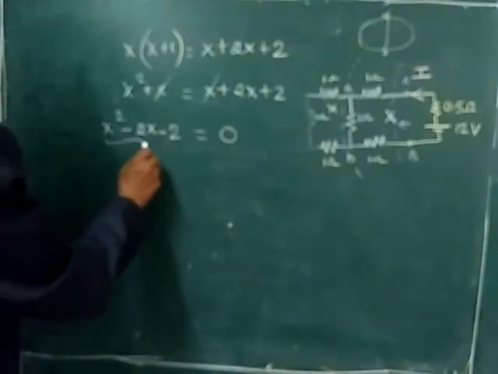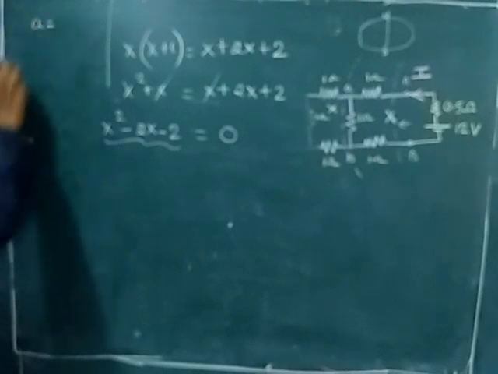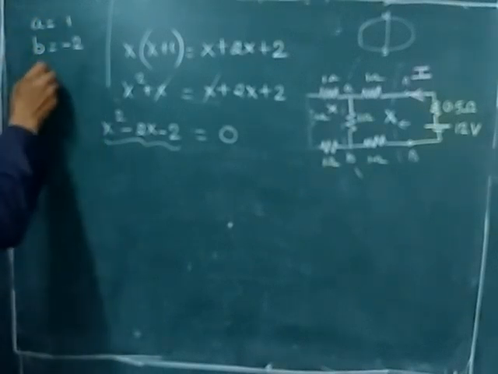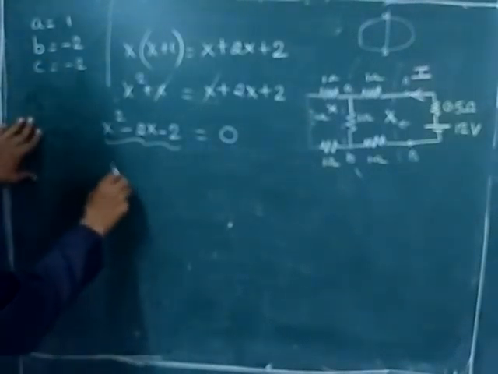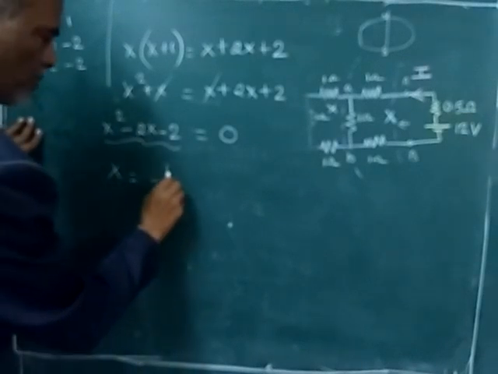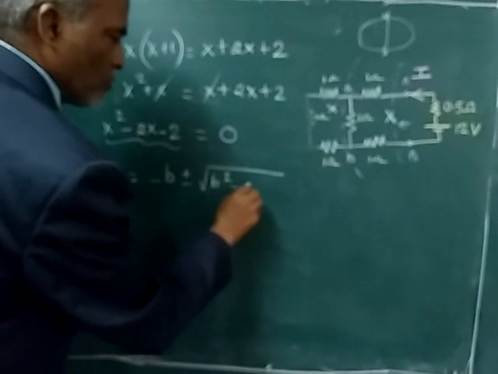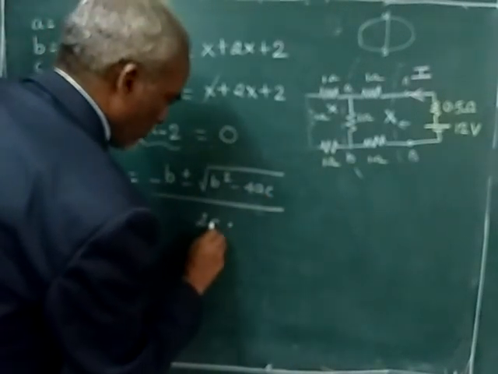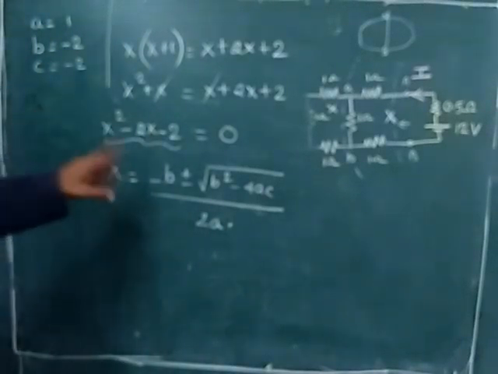Here, in this quadratic equation, A is equal to 1, B is equal to minus 2, C is equal to minus 2. So we all know X is equal to minus B plus or minus root of B square minus 4AC whole thing divided by 2A. So this is the equation. We will substitute the value minus 2.